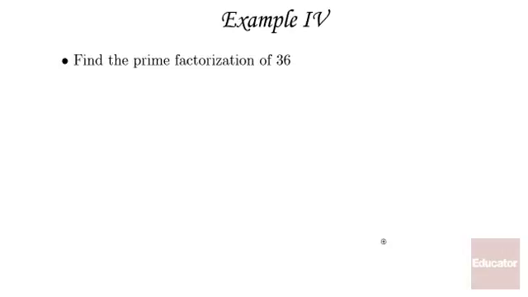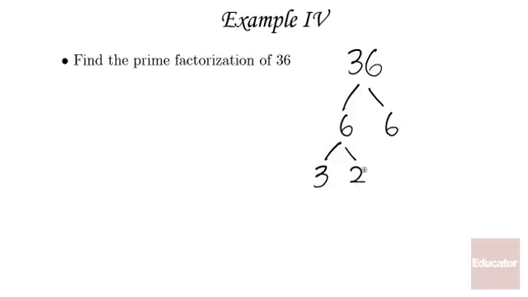Okay, one more example, 36. Again, you have a couple different options. So let's go with 6 and 6. 6, I can break up into 3 and 2. I'm going to circle those.